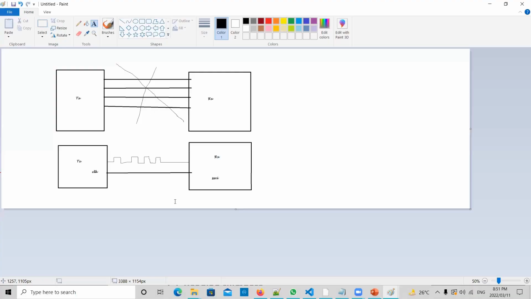So the start of frame denotes that it is going to transmit, and the end of frame denotes that it has completed the transmission. If you include these sort of handshakes, the clock is not needed. That is called asynchronous serial communication.